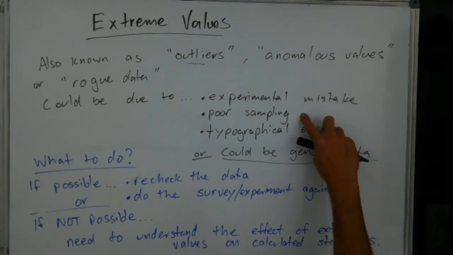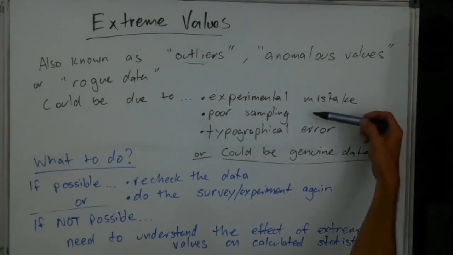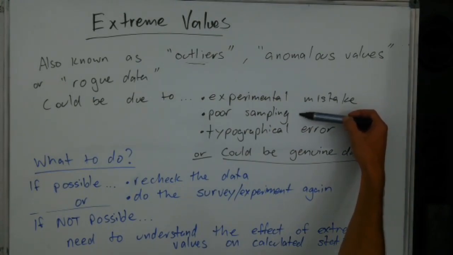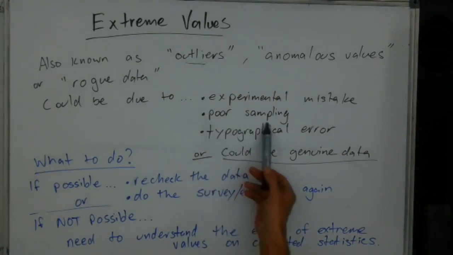Poor sampling could be, sampling is talking about the people that we're actually asking or the places that we're getting the scores from. For example, poor sampling could be in the 100-metre sprint data. If we accidentally asked someone who was a marathon runner, then their time over 100 metres would be an outlier compared to the sprinters.